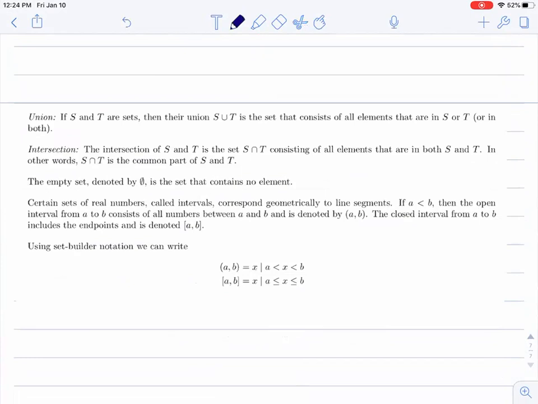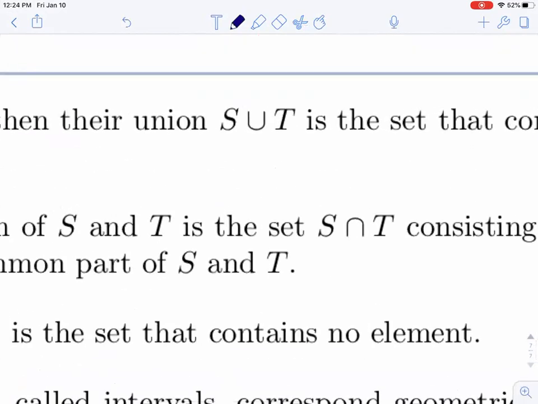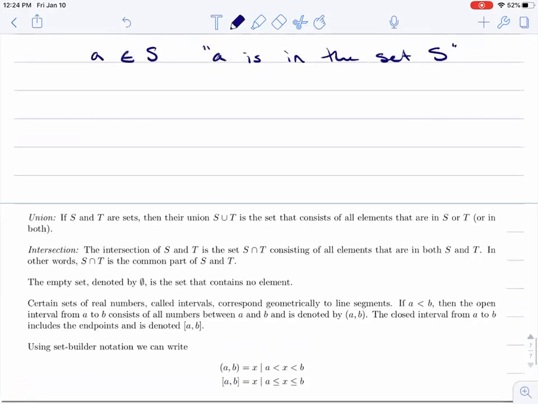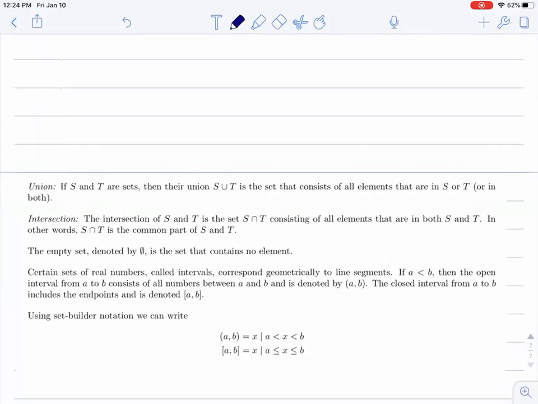Let's assume that S and T, capital S, capital T, are sets. Then the union, which we denote by this U, is the set that consists of all the elements that are in S or T, or is in both.